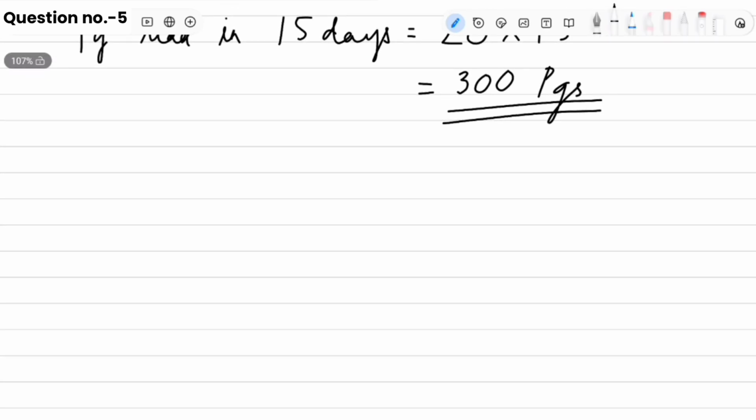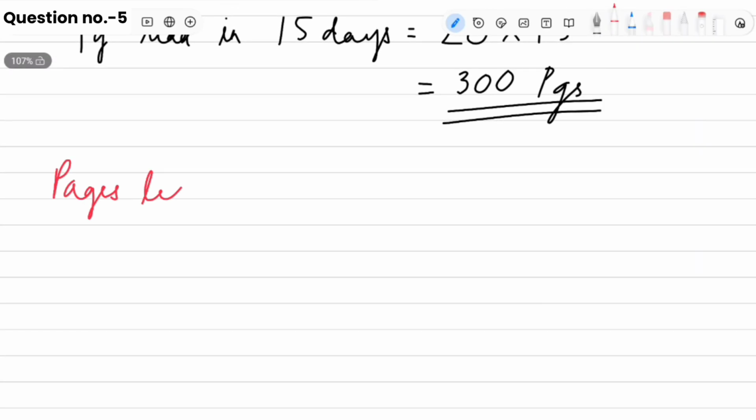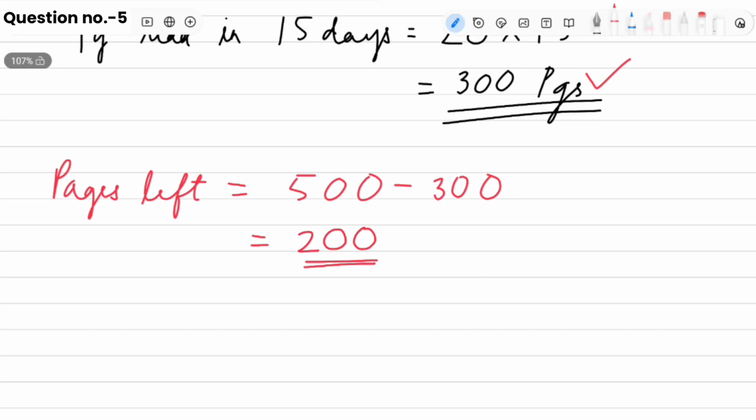Okay. So pages left after this are going to be, pages left is going to be 500. Total pages were 500, how many pages did she read in 15 days? 300. So 500 minus 300 is going to be 200 pages. Okay. So pages left are 200.